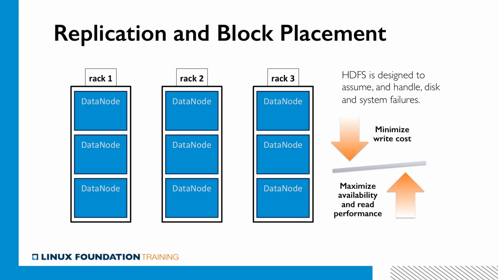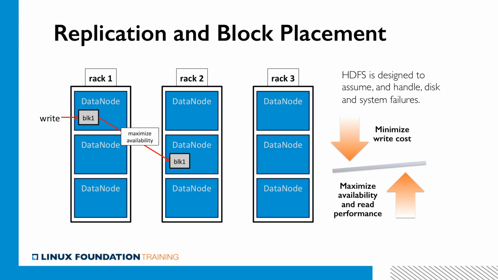So let me show you this logic for a block write that happens to land on a data node in rack 1. The first replica then goes to a data node that sits in a different rack in a cluster. This maximizes availability of block at the downside of additional network traffic.